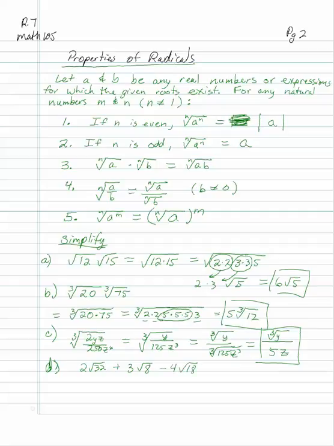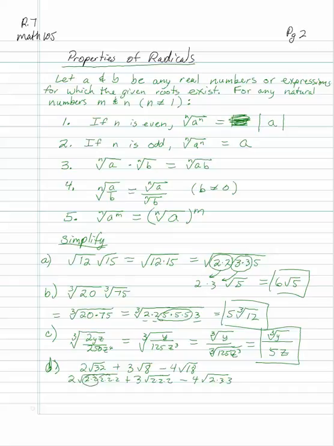Again, what I do is I simplify each of the radicals. So 32 is 2 times 2 times 2 times 2 times 2. 8 is 2 times 2 times 2. And 18 is 2 times 3 times 3.